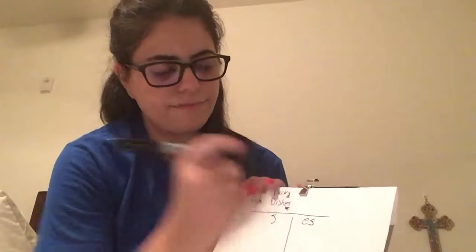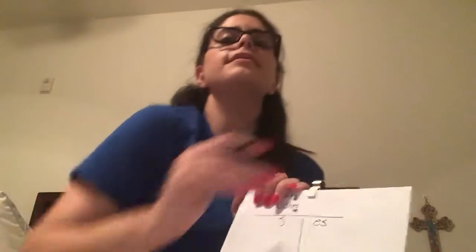So, to understand it more, I want you to give me more examples. What I'm gonna do is make a list: words that end with the S, and words that end with the ES. Can you give me examples? Yes, Sarah.